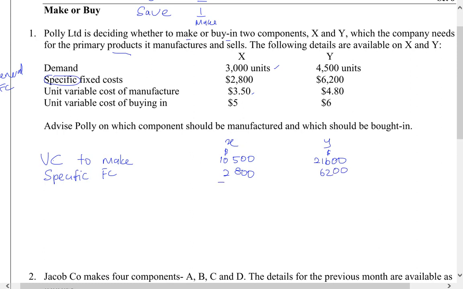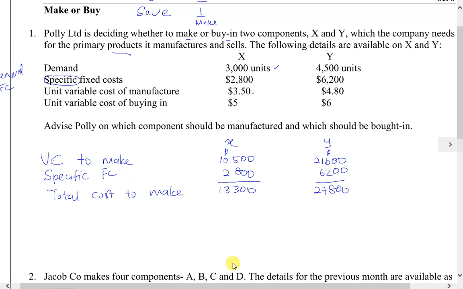So total cost to make is 13.3. Total cost to make is 27.8. If it is general fixed cost, don't include. If it's general fixed cost, it's not an additional cost.